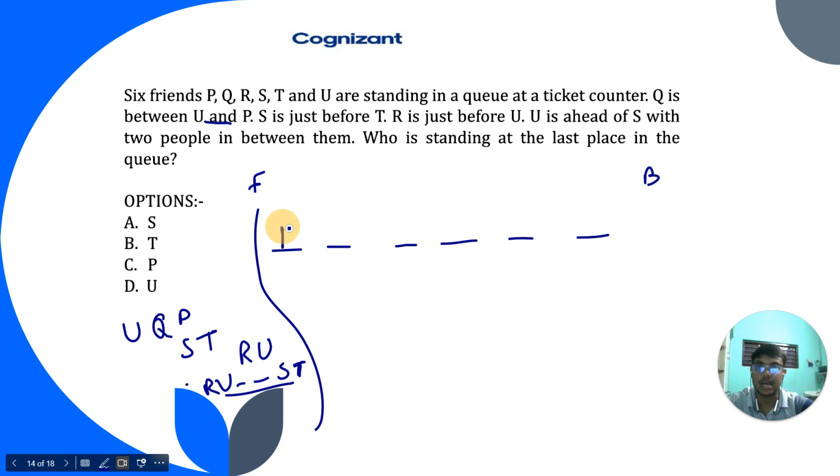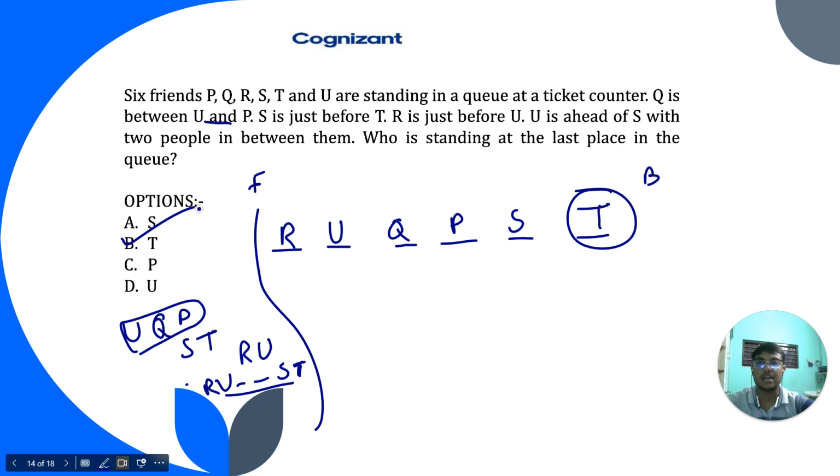So R is the first person in the queue, after R there is U, then a gap of two persons, then S, and after S there is T. Also it is said Q comes between U and P, so the only option for Q is to be placed here and then P here. So I hope this arrangement is clear and how I got the logic. The person in the last place in the queue is definitely T. So option B is the correct option.